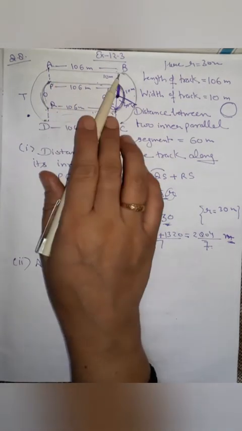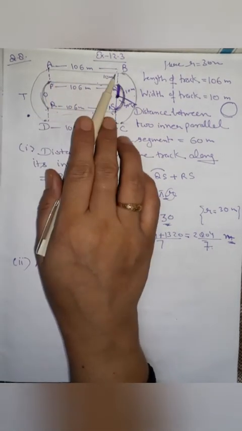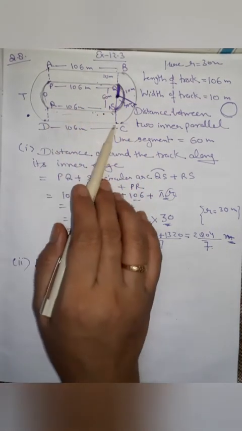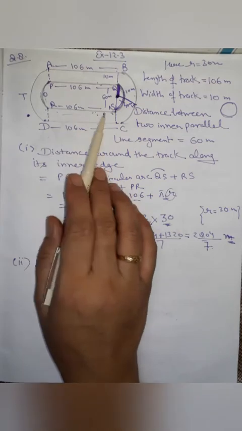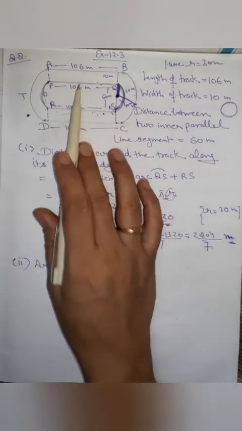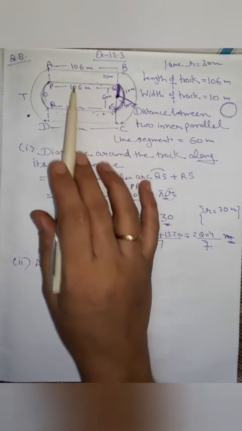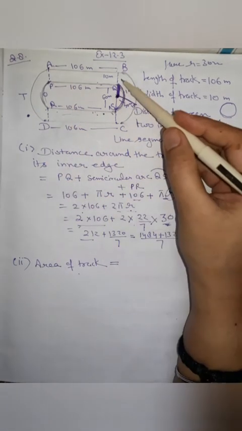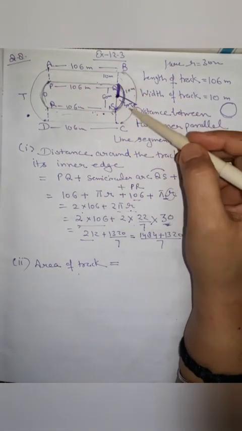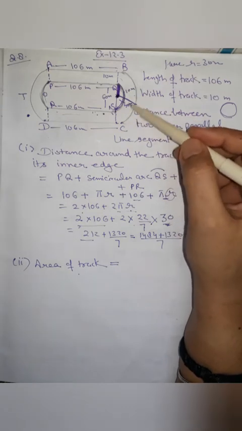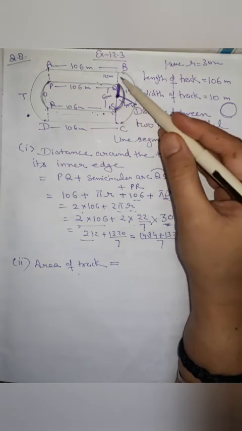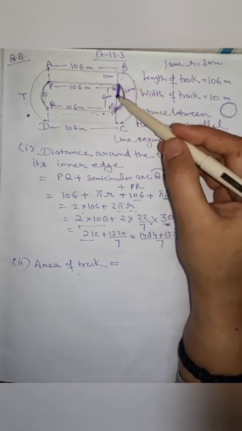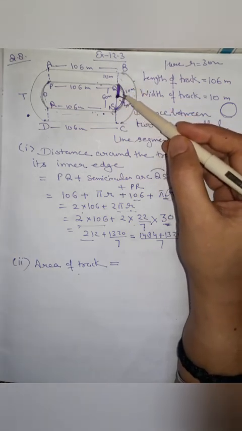You can see ABQP is a rectangle of length 106 and breadth 10. This one is also a rectangle of length 106 and breadth 10 meter. So these areas can be calculated easily. Now if you see this portion of the track, it forms a semicircular ring, and we know the area of a ring is pi capital R square minus pi small r square.